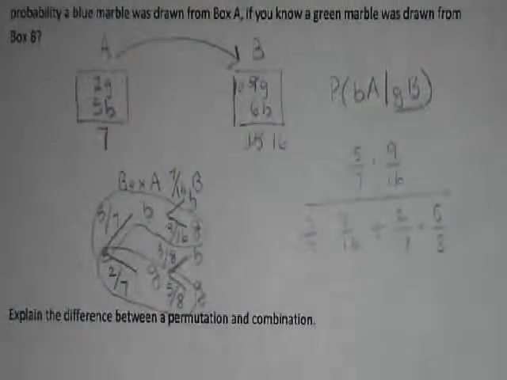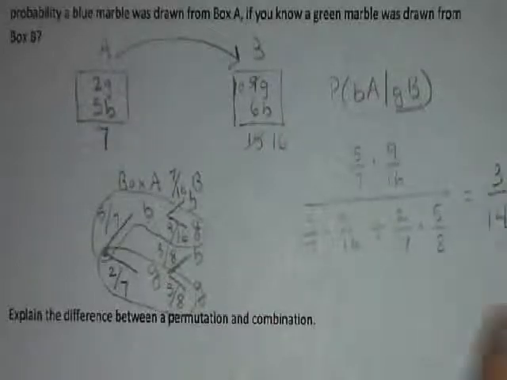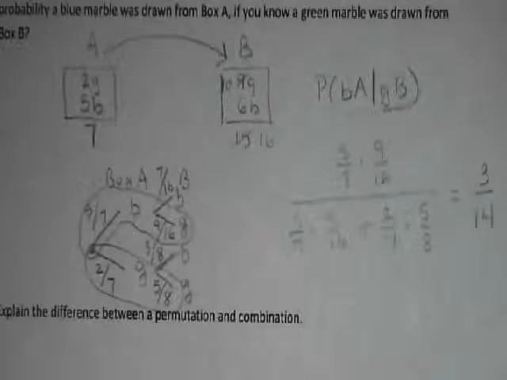And when you do that multiplication and addition, you'll find out that this result is 3/14. So there is in fact a 3 out of 14 chance that we will have drawn a blue marble from box A if we know that a green marble was drawn from box B.